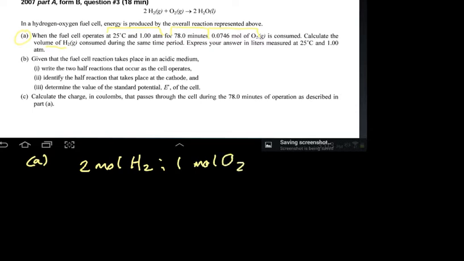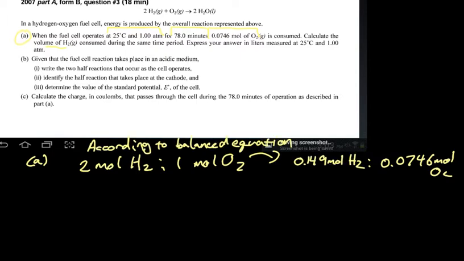And so what that means, therefore, if we are using 0.0746 moles of oxygen, then we've got to have twice that many moles of hydrogen. According to the balanced equation, we said this was the ratio, and therefore this is how many moles of hydrogen are needed to consume that much oxygen.